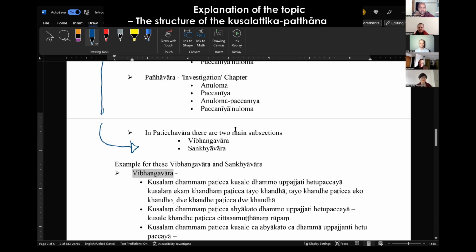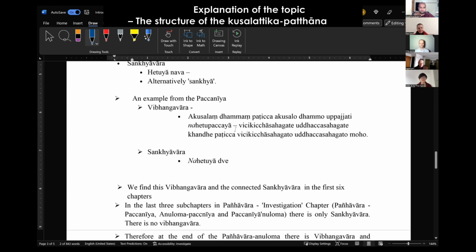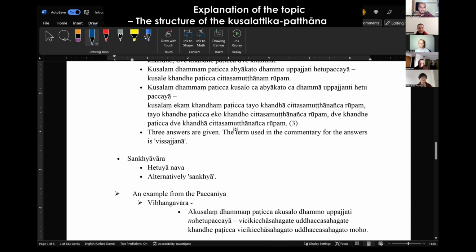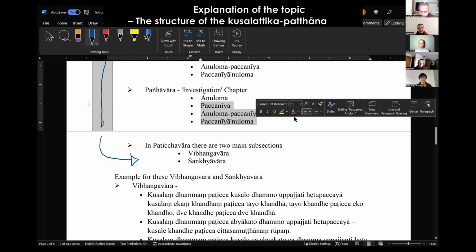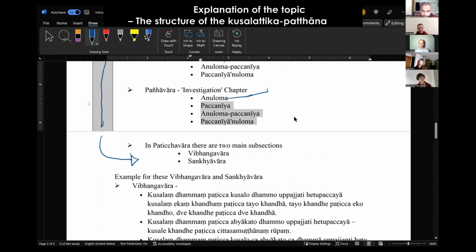But when we move into the Pañhāvāra, which is the 7th chapter, the investigation chapter, for these last 3 sections, there is no Vibhangavara, right? So here for the Anuloma, we have the Vibhanga and the Sankhya, right? For Anuloma, we find this too.